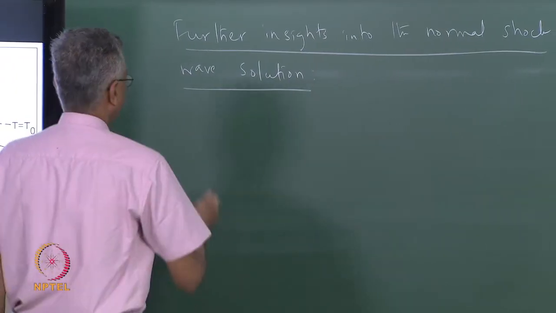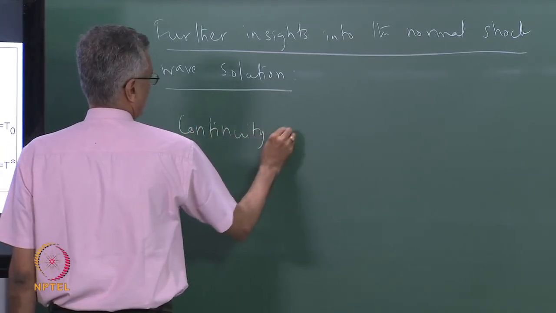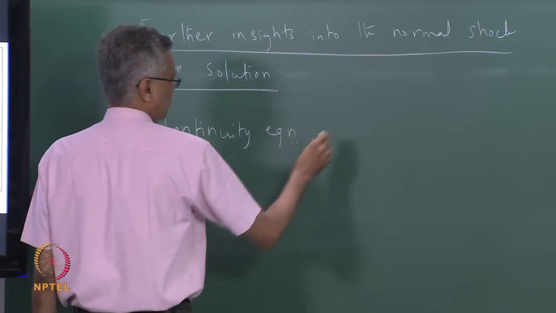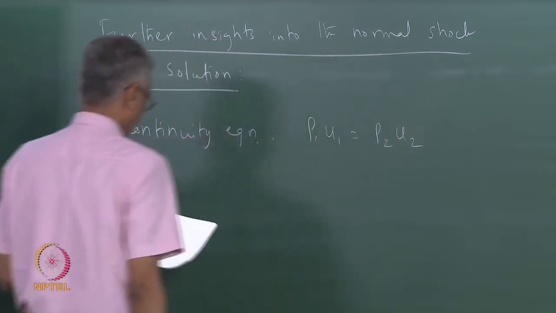So, if you remember the continuity equation that we had written down earlier, it looks like this: rho 1 u1 is equal to rho 2 u2.